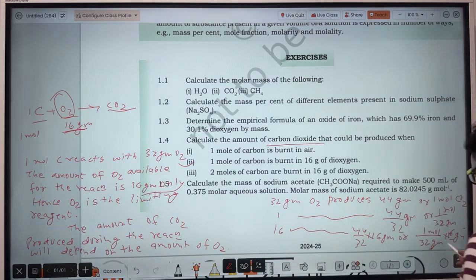Here gram cancels out, 16 upon 32, so that means 0.5 mole or half mole of CO2 will be produced.